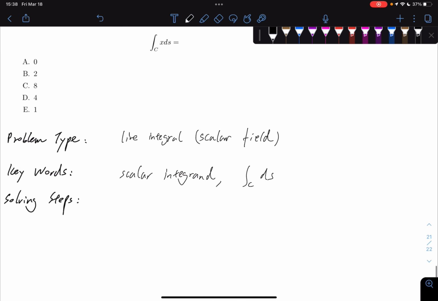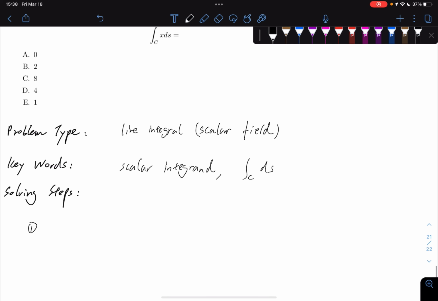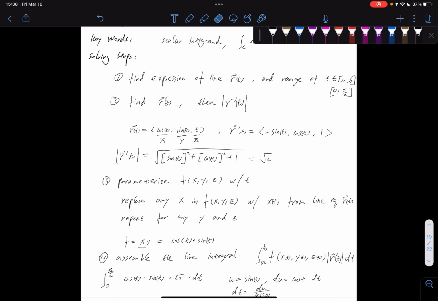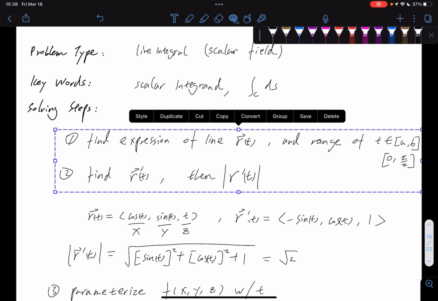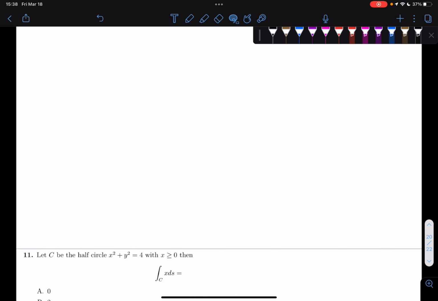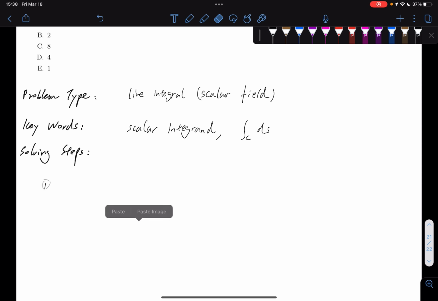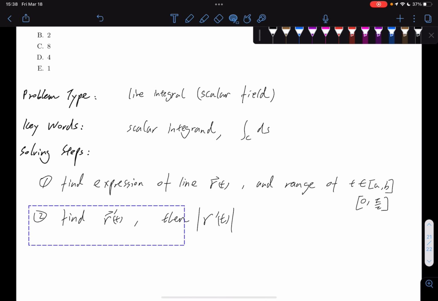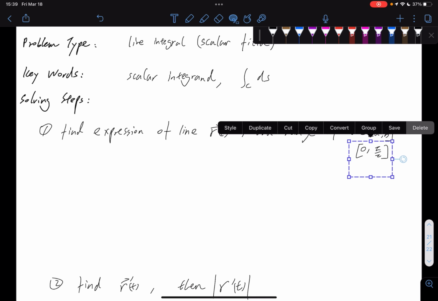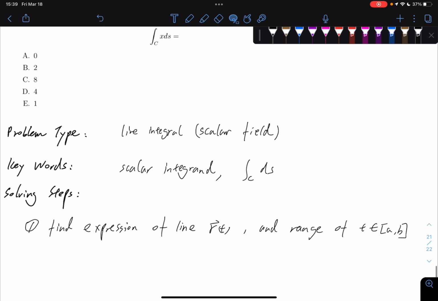So that's the first step, right? I'm going to copy and paste it from question number 10 to save us some time: find the expression of r of t and the range of t. So how are we going to do that?